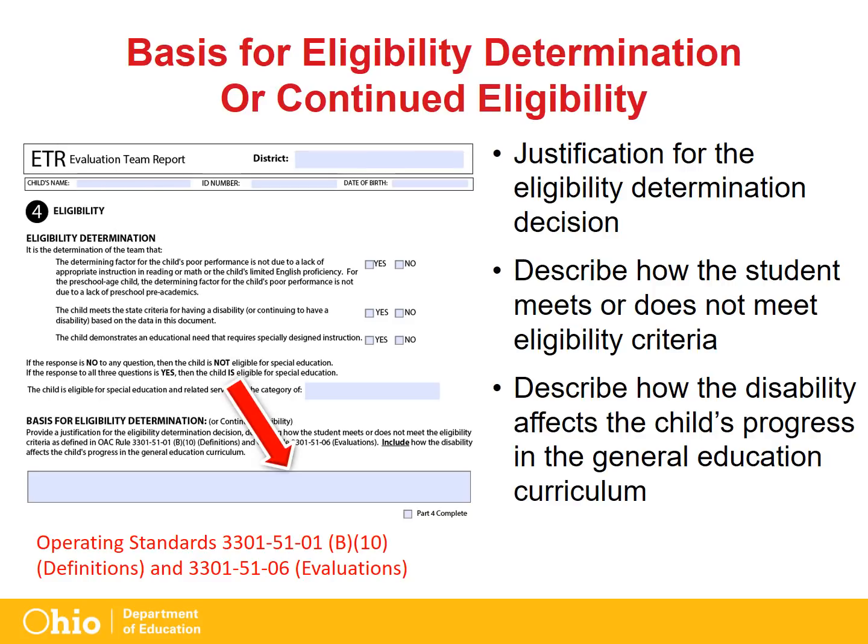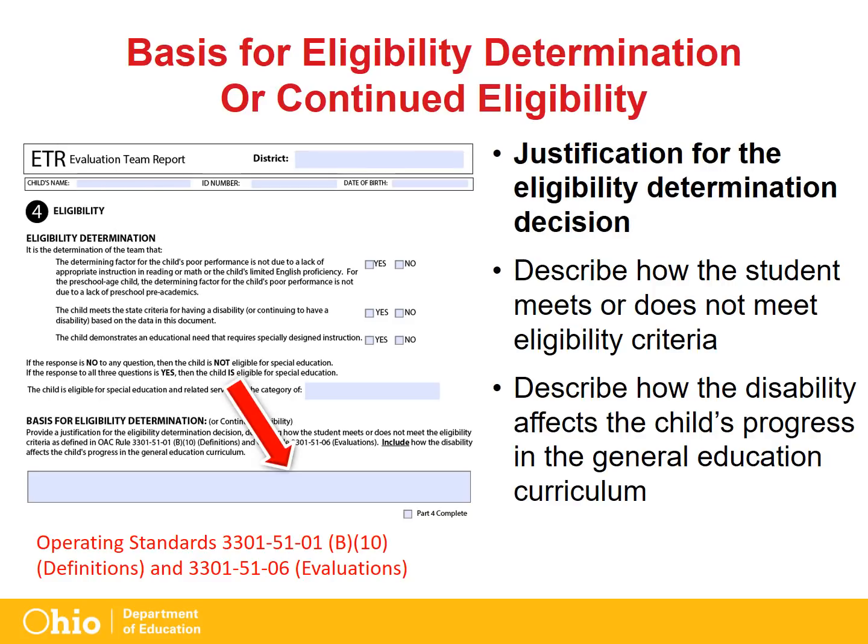The team must provide a justification for the eligibility determination decision, describing how the student meets or does not meet the eligibility criteria as defined in the operating standards. This cannot be just a copy and paste from the disability category description.